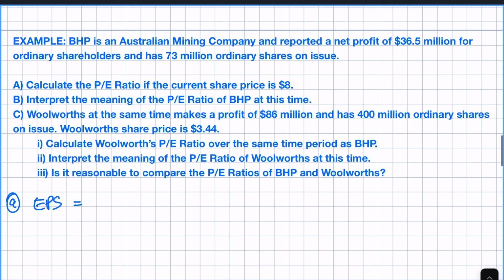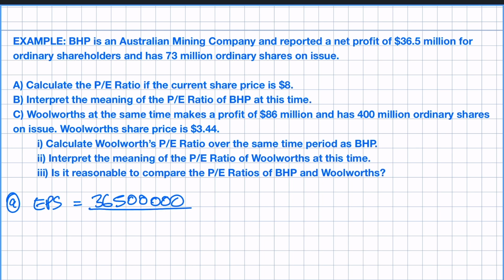Which number there is the profit that BHP made? 36.5. Good, 36.5 million, so it's going to be 36,500,000 divided by what?